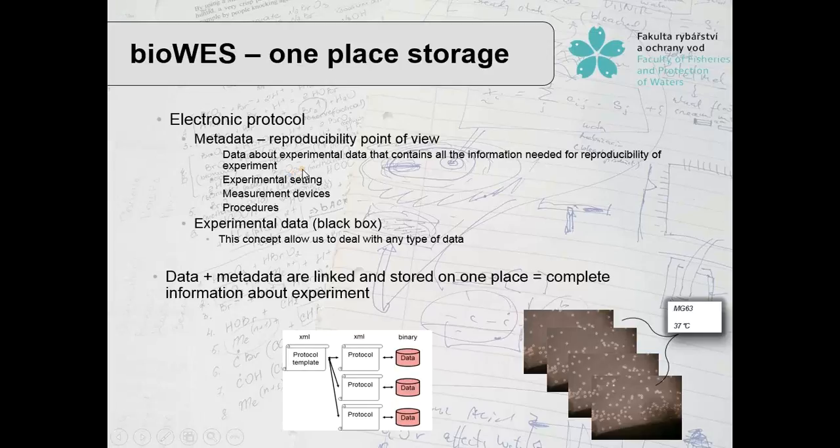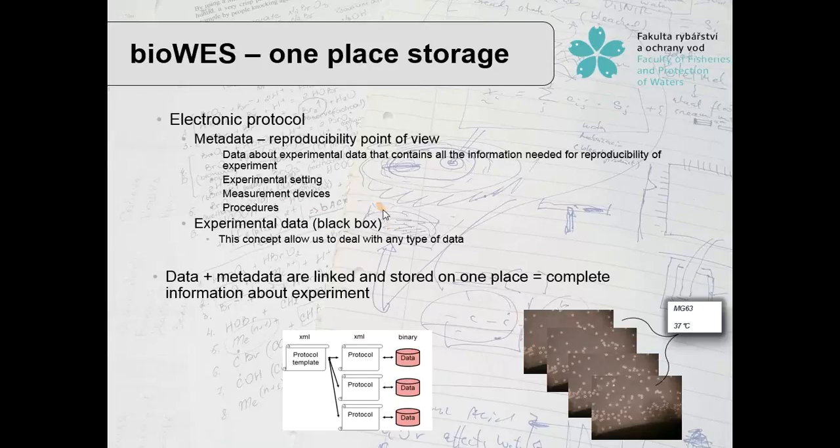What we understand as metadata is the description of the conditions under which you realized your experiment. It needn't be the measurement of the data, but it can also be the data processing. So in the protocol, in the metadata, you can describe what software you used for data processing, what the setting of the software was, and so on.